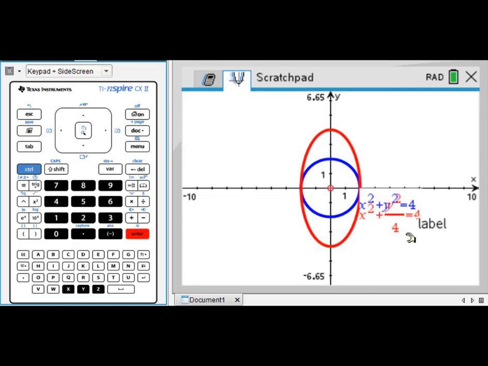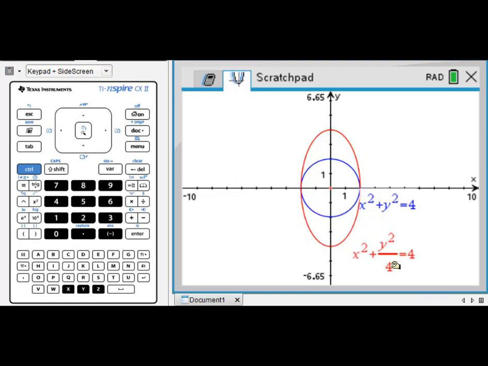It's an ellipse. So you can see that our x coordinate has stayed the same, but our y coordinates have doubled. And that stretches the circle vertically, which turns it into an ellipse.